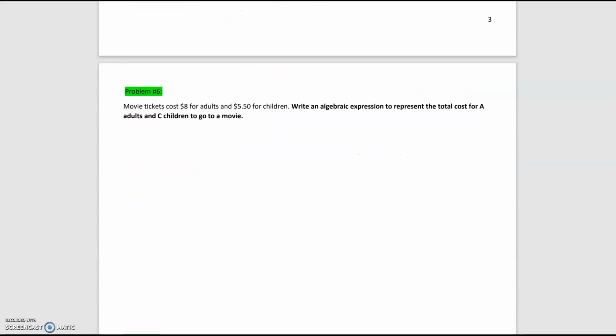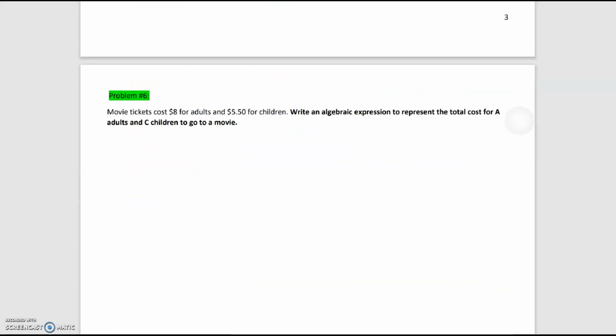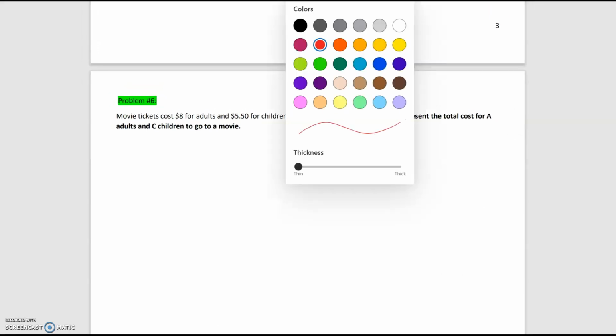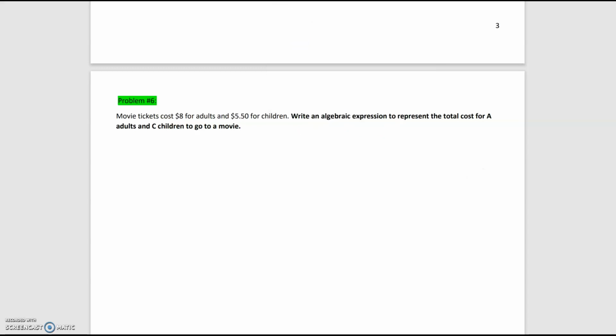That's actually it for this one. Let's move on to problem 6. In this case, let me declare the variable. I'm just going to say let A equal the cost for an adult. And we're talking about money.